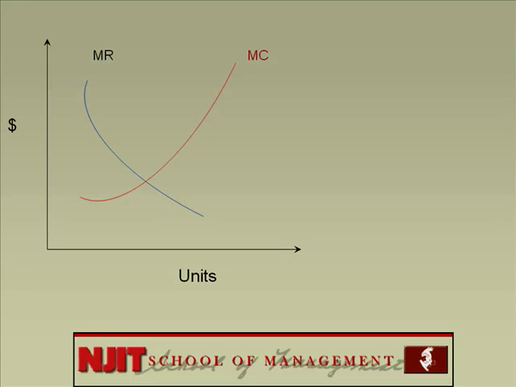Okay. Let's look at the left side. When marginal revenue is greater than marginal cost on the left, it means you can increase profit by producing more units because the additional revenue is greater than the additional cost.